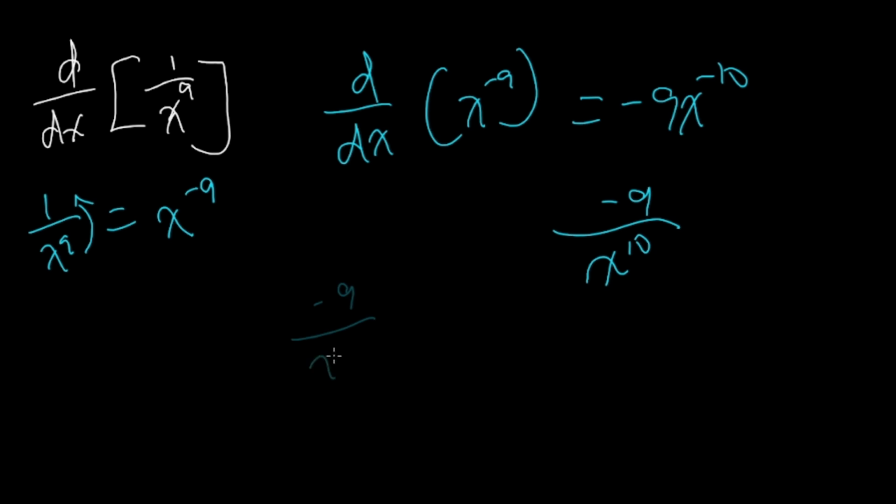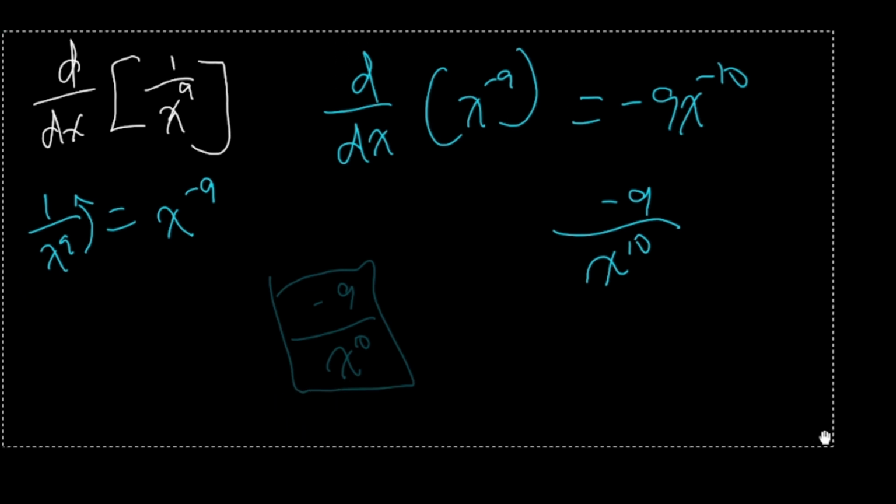Final answer is negative 9 over x to the power of 10, not 10 to the power of x. And yes, that is how you go about rational derivatives. But we are not yet done.